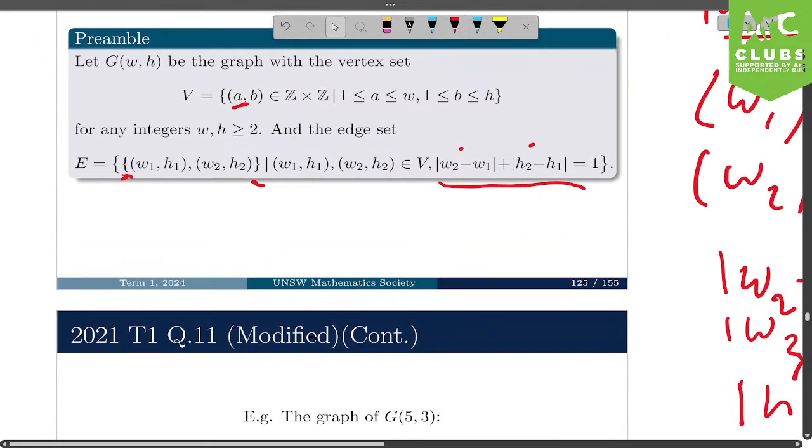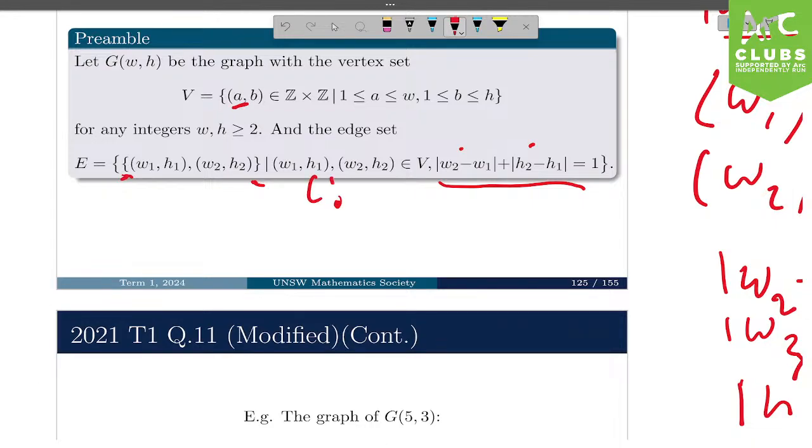So what this ends up being is, if you try and check out, say, the adjacent vertices to 1, 1, right? You can only step up by 1 from the row part. So you can only connect to 2, 1, okay? Or you're connected to when this number is 1 more. So you're connected to 1, 2. Okay?